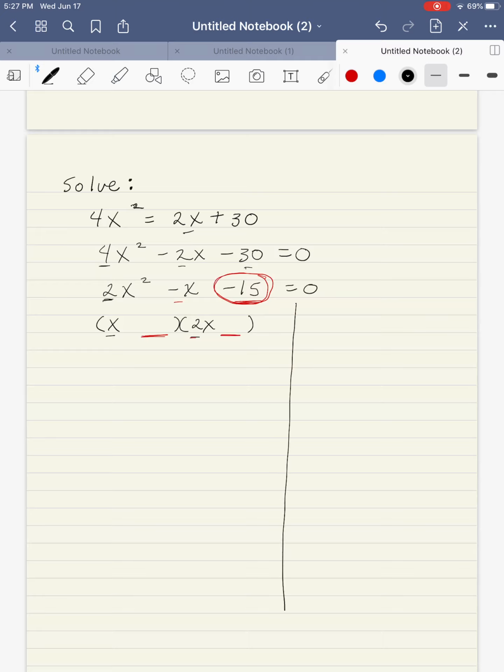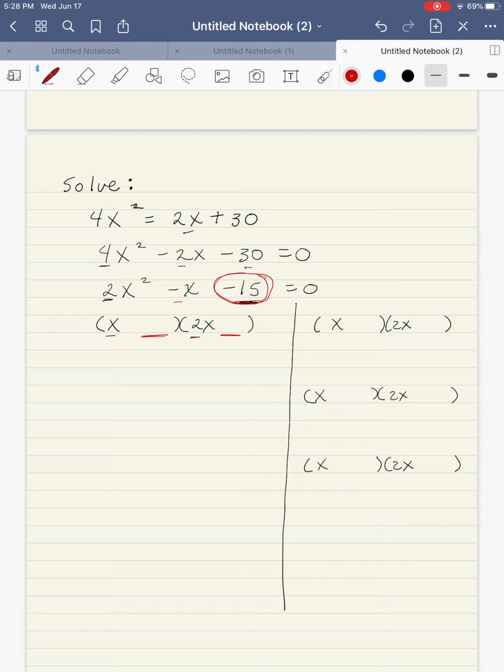So the easiest way to do this is to guess different ways that I can multiply, using the x and the 2x, and get negative 15.